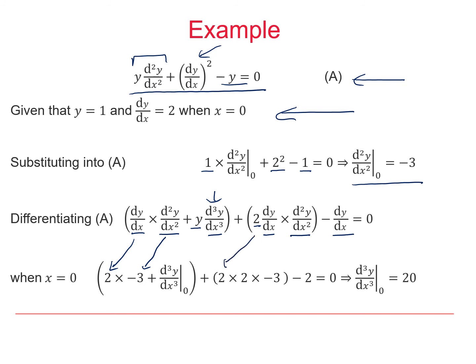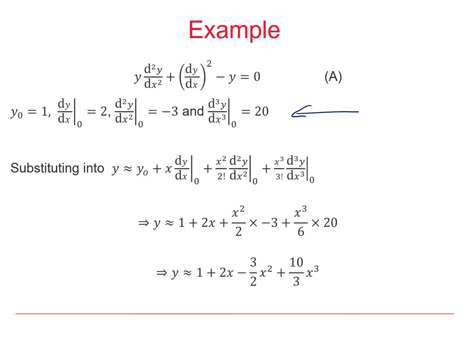We take our 2 down, dy by dx we've been given as 2, d2y by dx squared we've worked out as -3, dy by dx we're given as 2. Collecting terms and moving all the numbers over to the right hand side yields this result: d3y by dx cubed when x equals 0 is going to be 20.